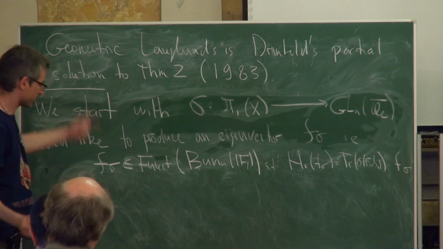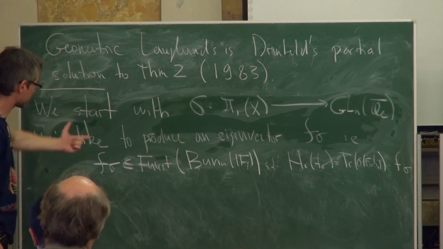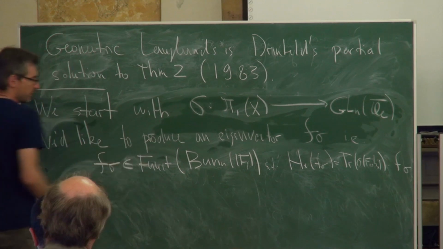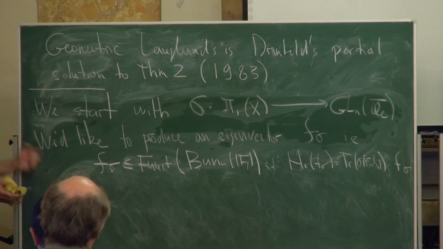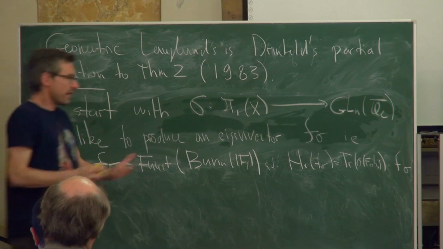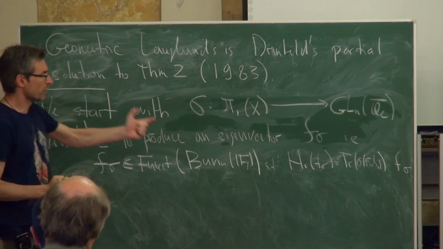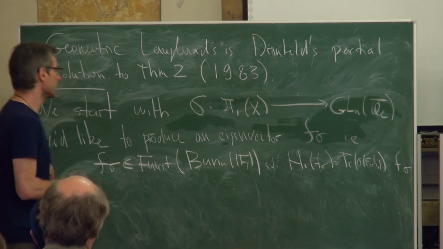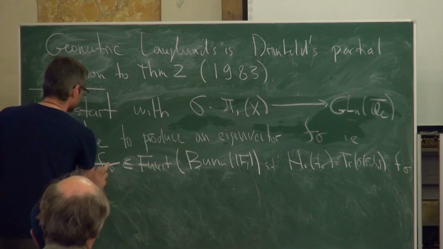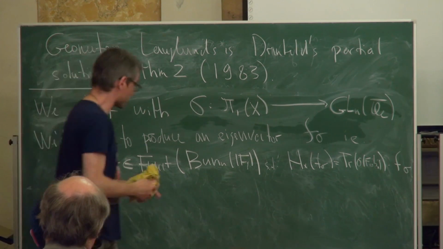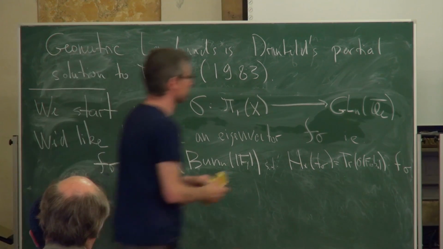Well, in that case, you're trying to produce a modular form. In this case, it's a geometric counterpart of this modular form. So it's very difficult to construct it by hand. And what Drinfeld proposed is to use geometry, namely Grothendieck's dictionary, to construct this function. So here's what he did.